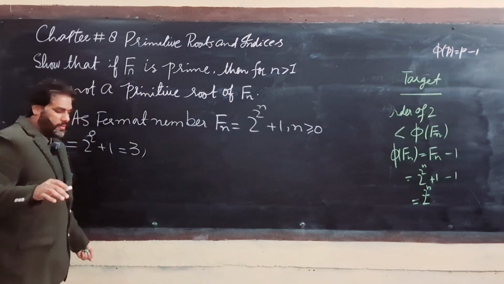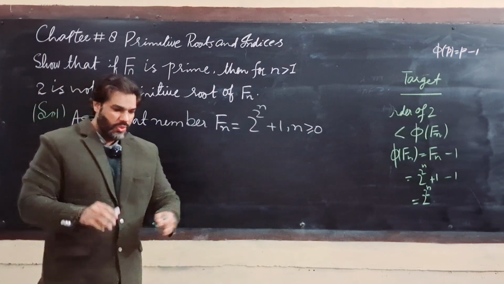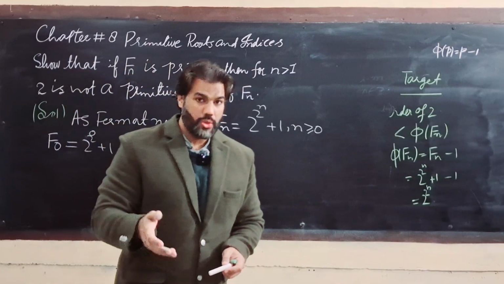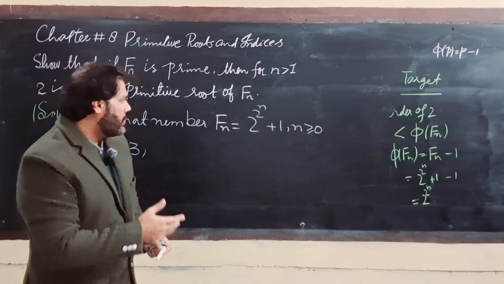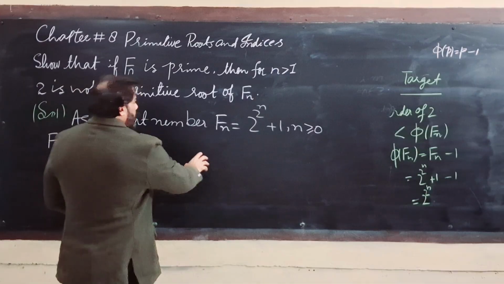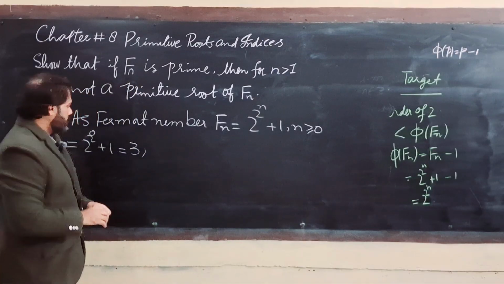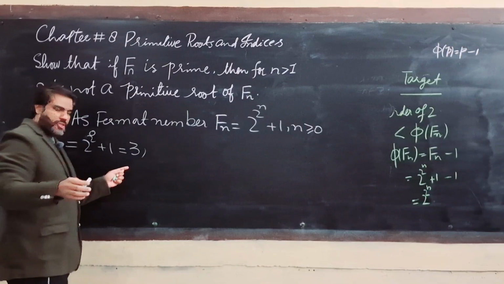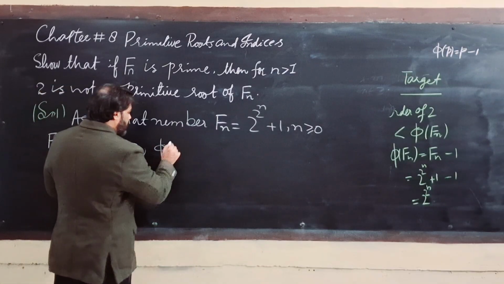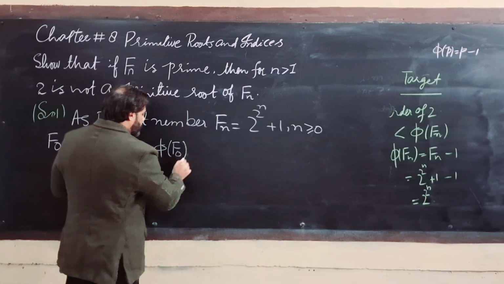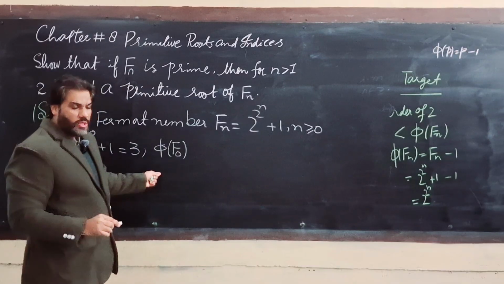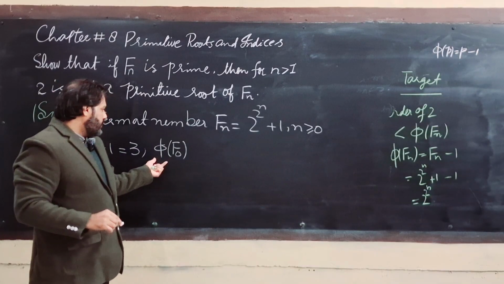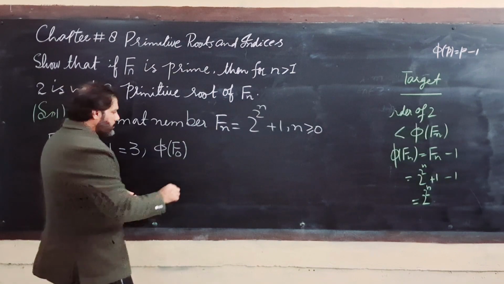I hope at this stage you have a clear understanding of primitive roots and the definition of the order of an integer. Otherwise you cannot understand this example. To show that 2 is a primitive root of 3, firstly we will find phi of F0, where phi means the Euler totient function.